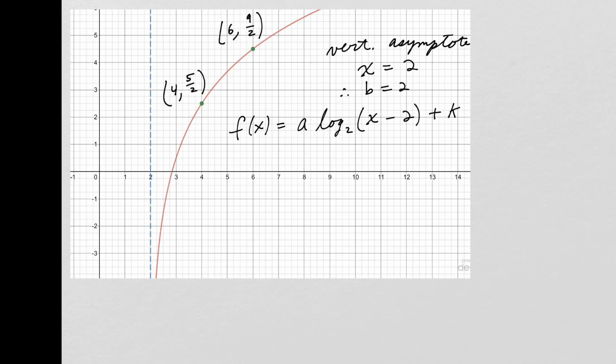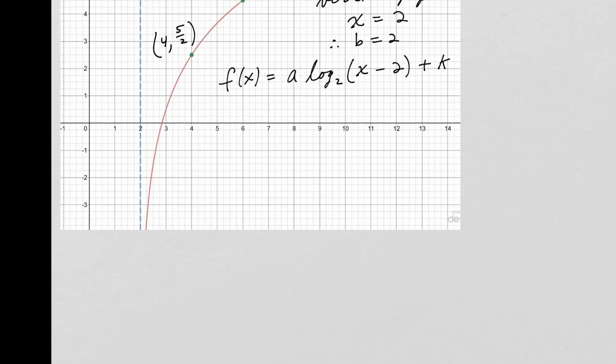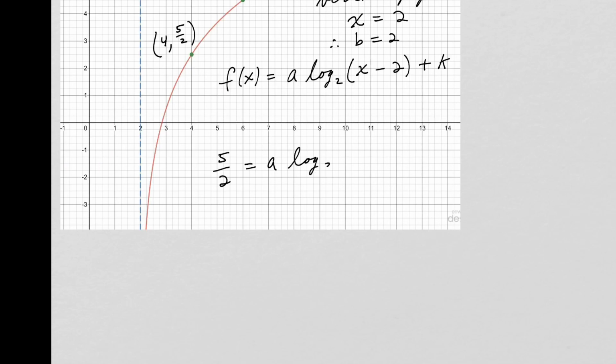Okay, so let's plug in those 2 points. The reason why I use log base 2 is to make this come out a little nicer, right? Otherwise it could be complicated. So let me plug in the 4 comma 5 halves first. So the output f of x is 5 halves, when the input x is 4.